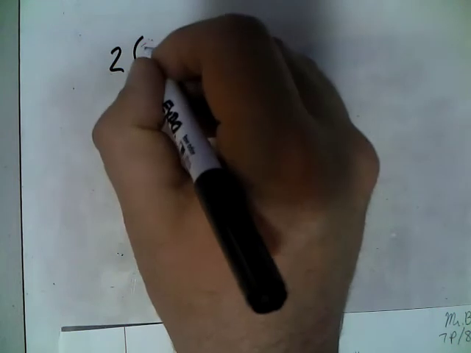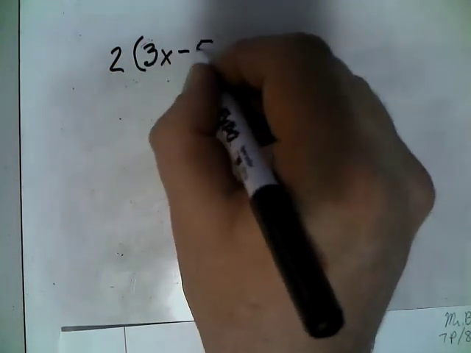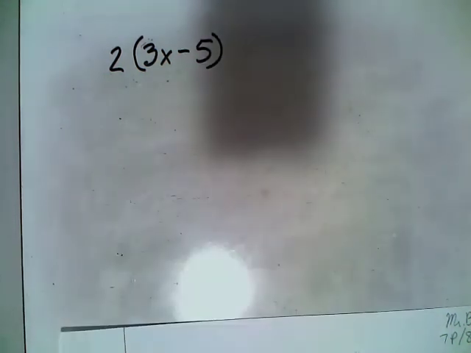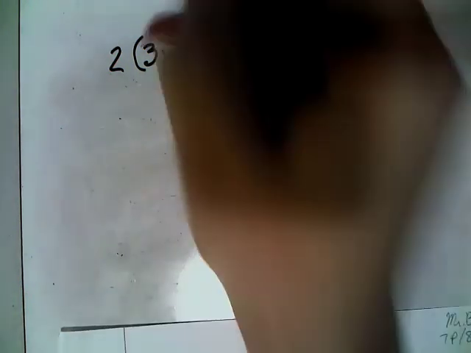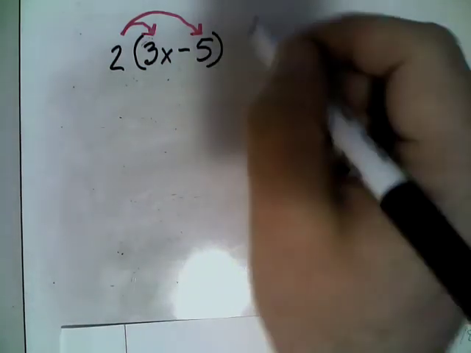I'm going to go to my dry erase board to help explain why. So let's say I had 2 times 3x minus 5. By now we should be familiar enough with the distributive property that we understand this is going to distribute over the subtraction.